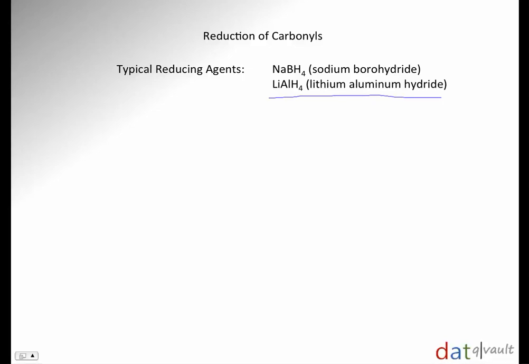Second thing you're going to need to know about these reducing agents is that they both act as a hydride donor. So it's basically a source of H-, which is very nucleophilic and will reduce carbonyl compounds in that manner.